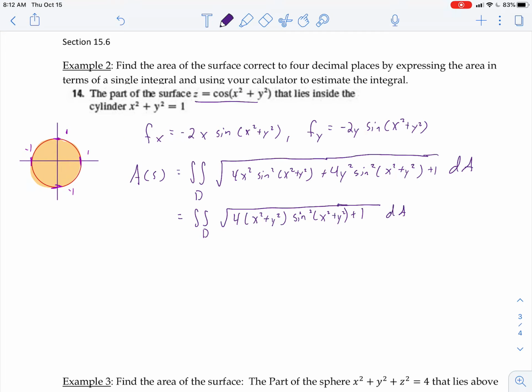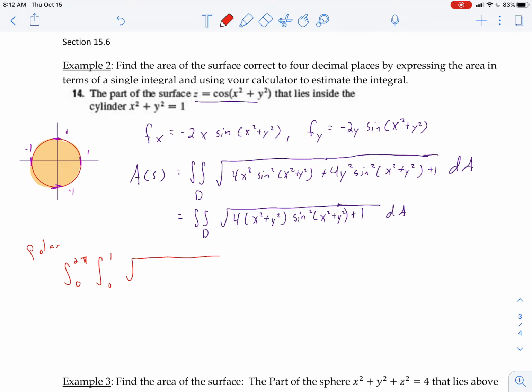I have a circle for my region over here, so let's go ahead and change to polar coordinates. Our theta is going to go from 0 to 2 pi, and our radius is from 0 to 1.